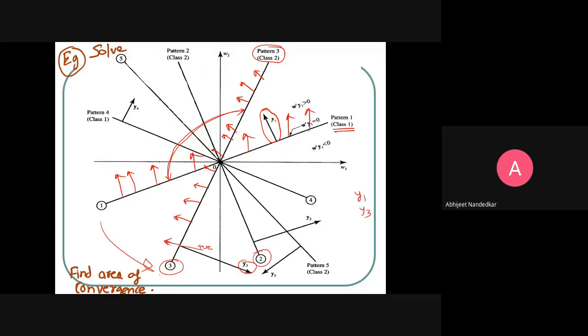Let us take pattern 2. Pattern 2, that is y2, belongs again to class 2. This is the direction of y2. Since it is a class 2 pattern, this direction is the positive side and this direction is the negative side. Since I want a negative answer for class 2, my zone is this side.